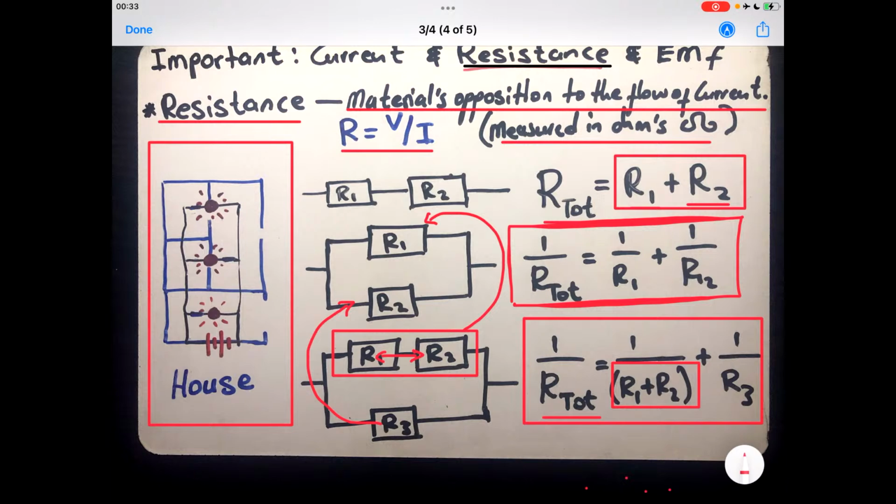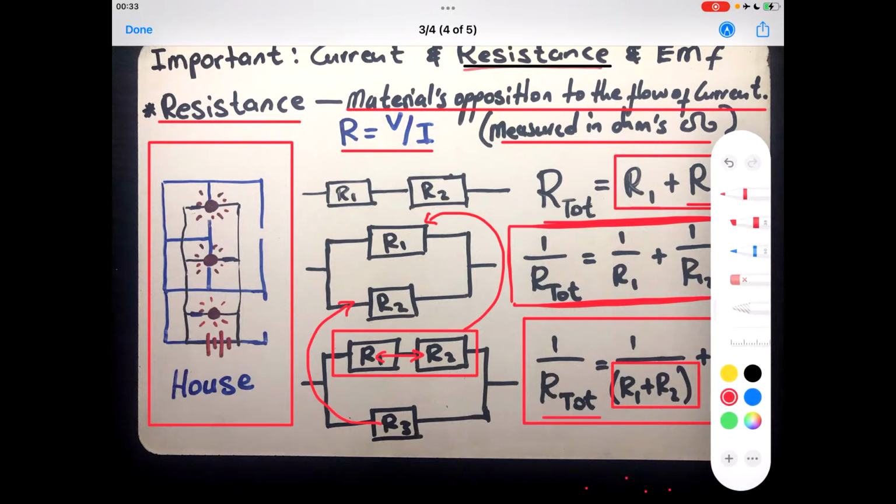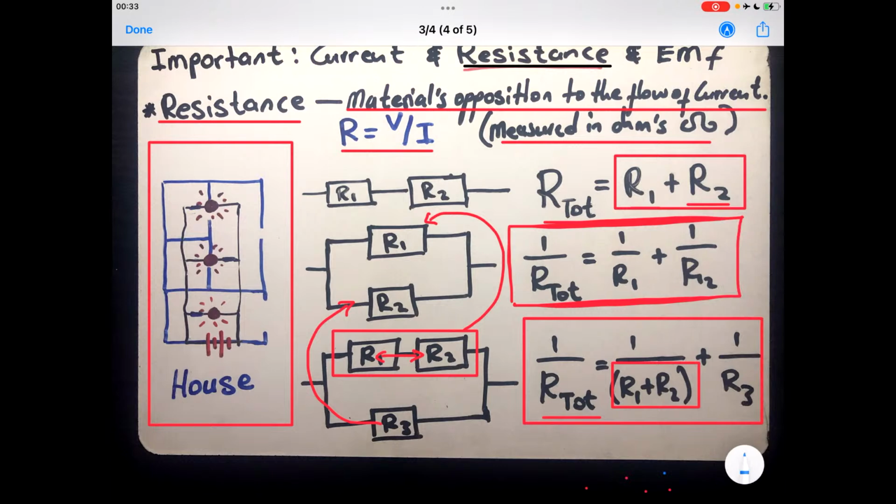I think before we move on to the last part of our notes, let me explain what's going on. Remember guys, this is me during my time saying, okay, if we've got a house, it's easier to say within a house, possibly we are having a parallel type of connection. It might be parallel, and within that parallel you still have a series connection. This is a garage of that house, and then this is the main house.